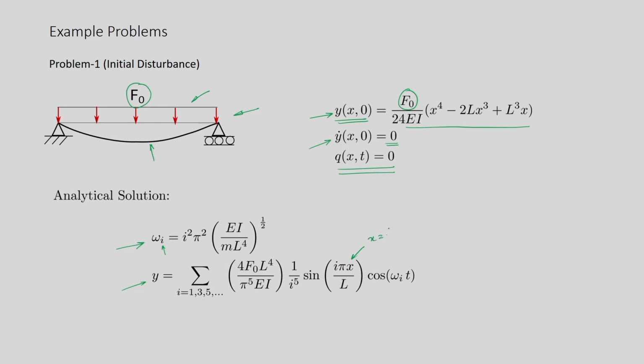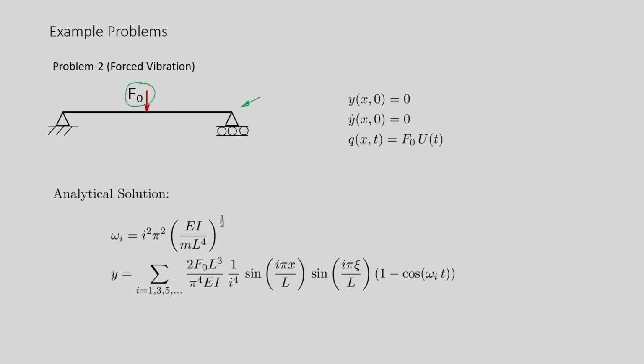If I replace x equal to L by 2, I will get the deflection at x equal to L by 2 for all time instants t. This has been obtained by making use of the expansion theory, which is discussed in vibration.